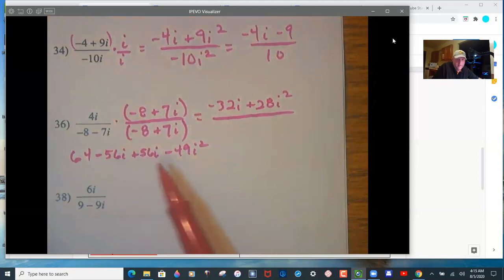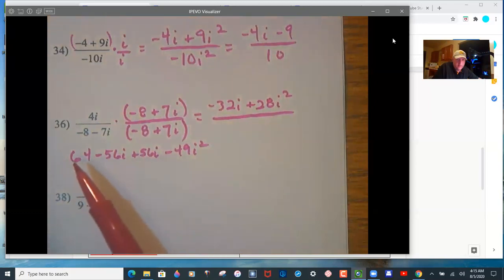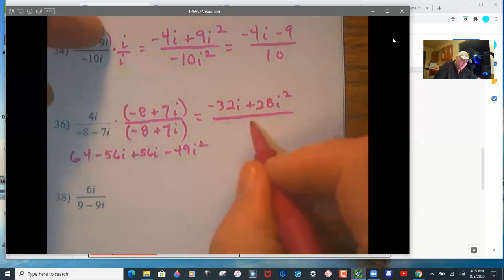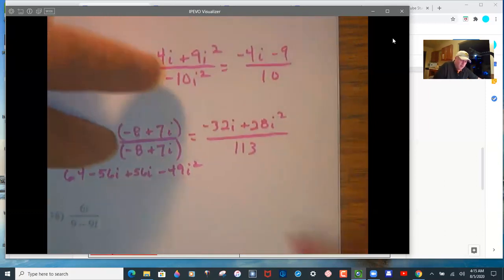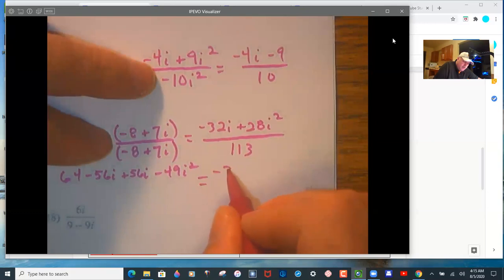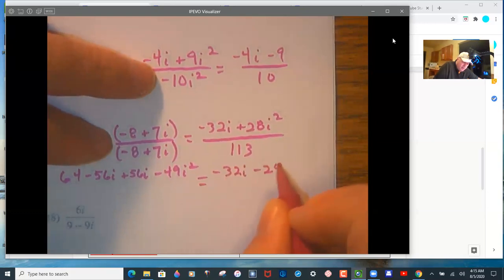So what I mean by this is these i terms will drop, and then this will end up being 64 plus 49 because i squared is -1, and that's 113. And so i squared is -1 up there, so this is minus 32i minus 28, so it's just a sign change over 113.